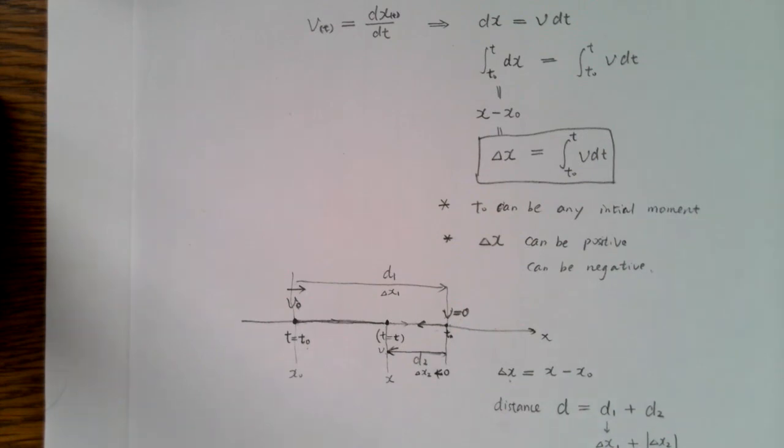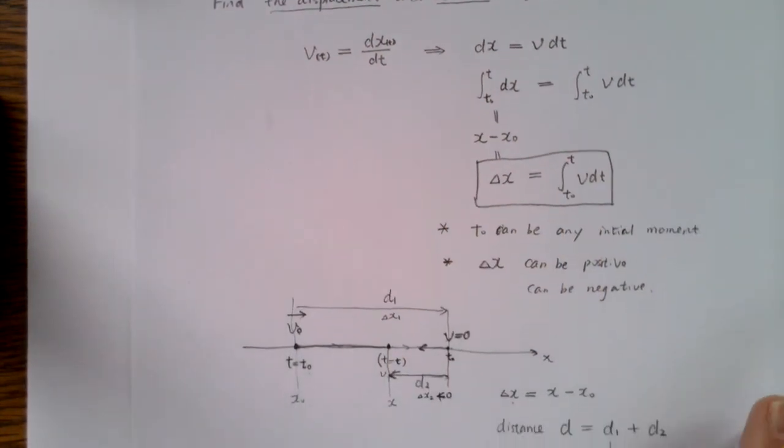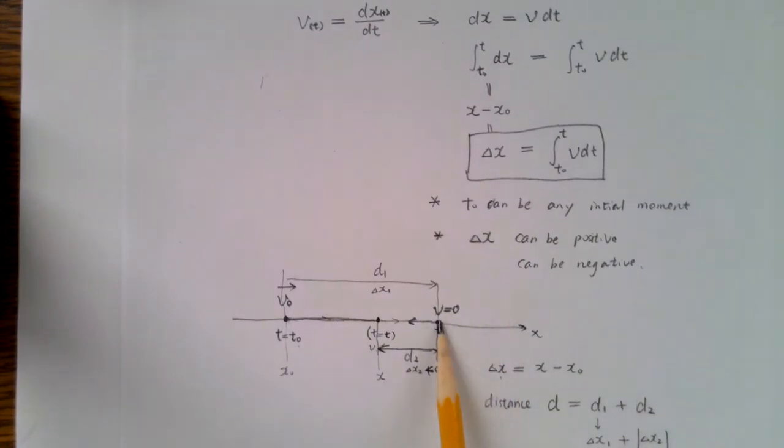So to answer the question, what is the total distance? We have to pay attention to whether the object changes direction or not. If there is one moment during this interval when the velocity is 0, it means it will make a turn.